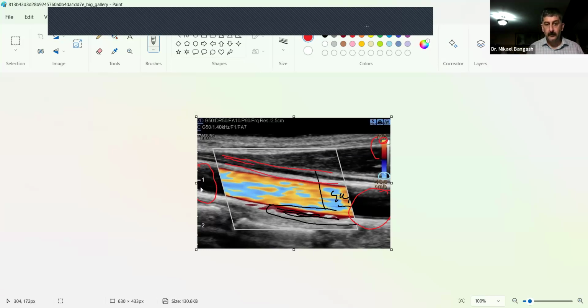Even this is a blood vessel. So you may ask, why doesn't this blood vessel here show color? This part of the blood vessel is still within the box.